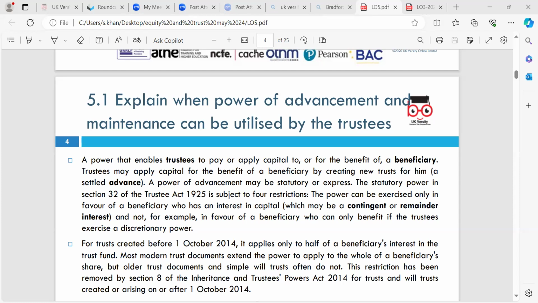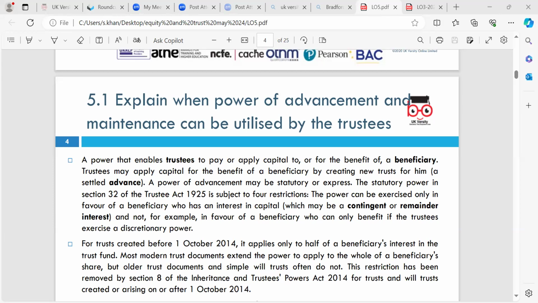However, there have been changes in the Inheritance and Trustees' Powers Act 2014, which amended section 32 to remove this limit, allowing the power to advance the whole of the beneficiary's interest. The amendment made by the Act only applies to trusts and will trusts created or arising on or after the 1st of October 2014.